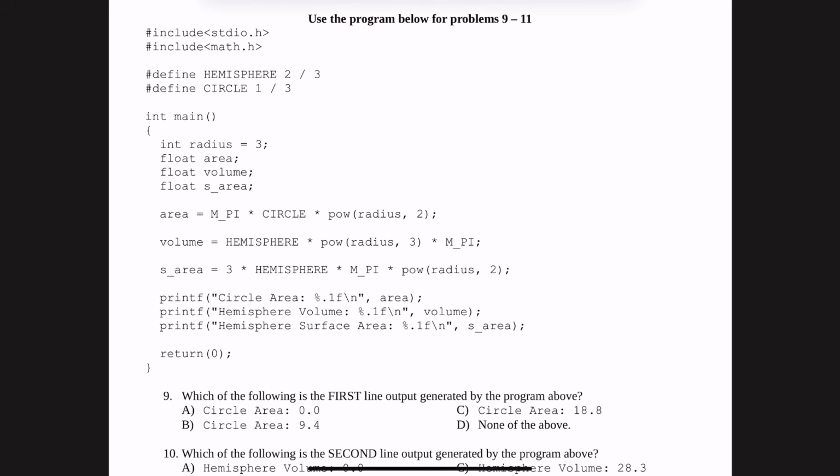So, question 9, which is the first line of output. Well, we're going to print out area. So area is going to be mpi, which is approximately 3.14, times circle, so times 1 divided by 3. There's no parentheses or anything like that here, times radius squared.